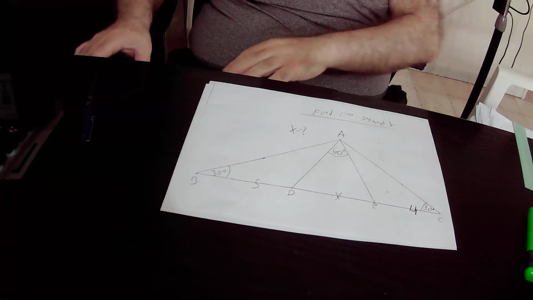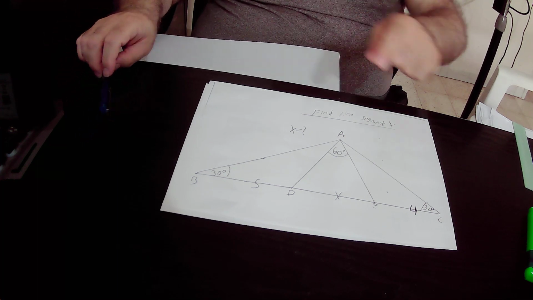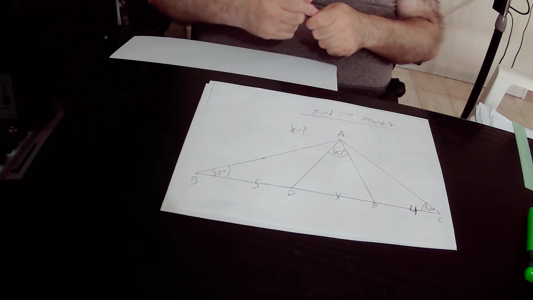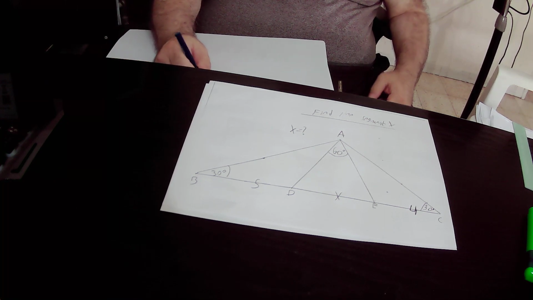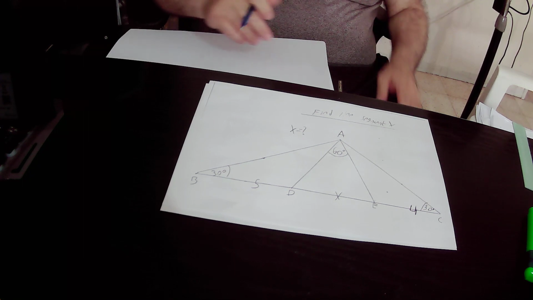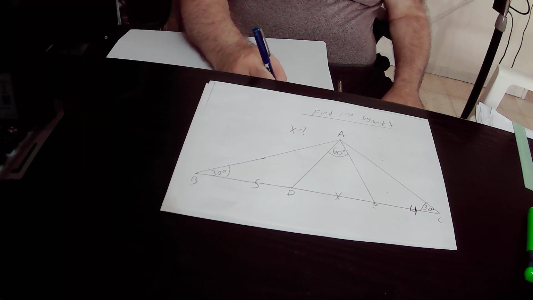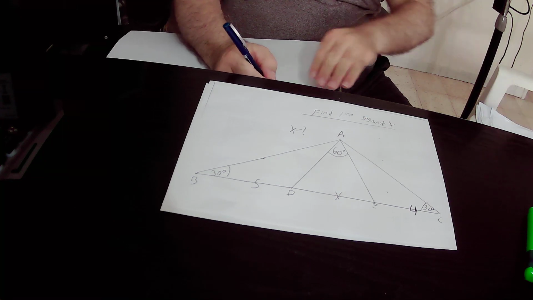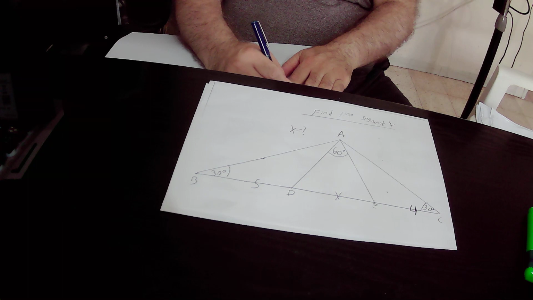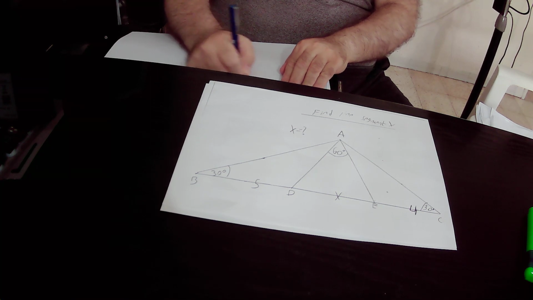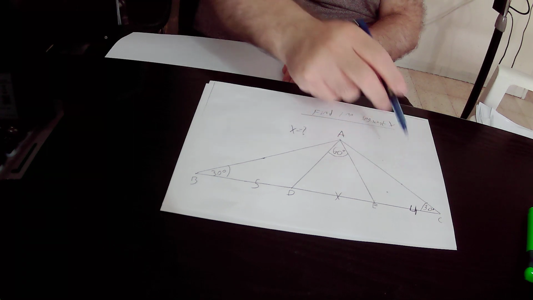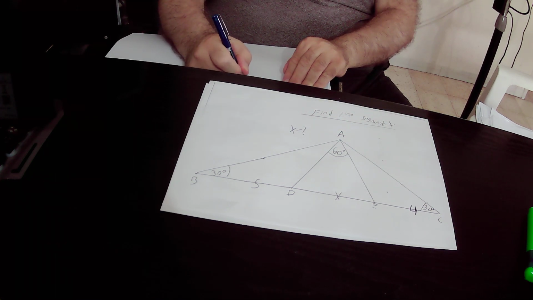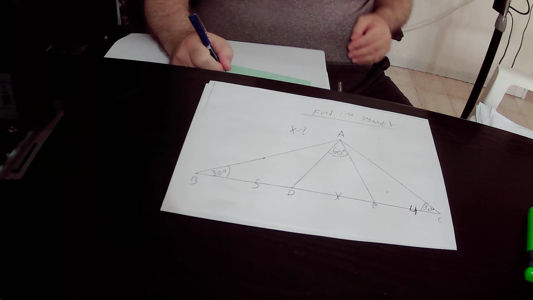So we'll write down that angle ABC equals angle ACB, and both angles are equal to 30 degrees.